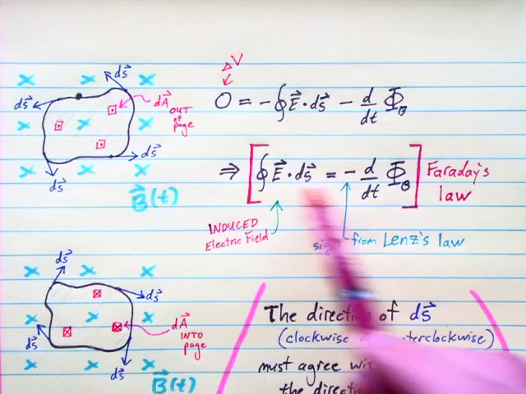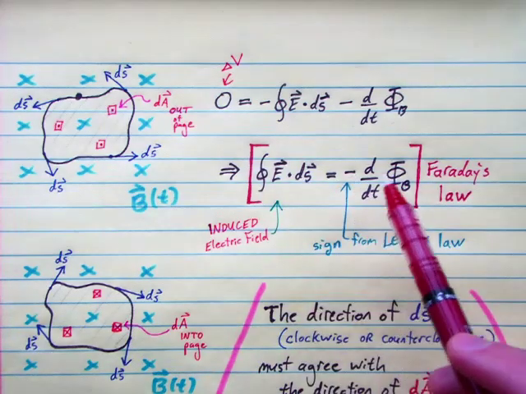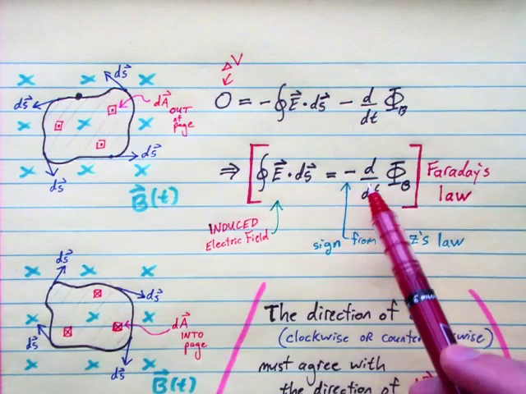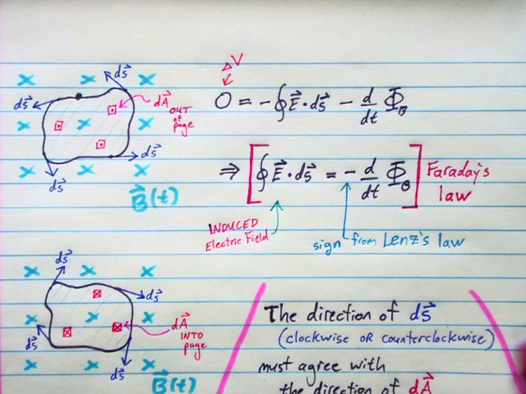That's in order to get all the signs to agree here in Faraday's law. If you accidentally put dA into the page here, then you'll get a sign disagreement in the equation.